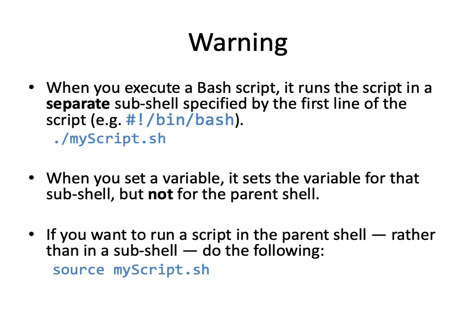I can do that using source. So if I do source myscript.sh, it will run all of those commands in the current bash process. And if I do that, then all of those variables that get set will still be around. This is exactly as if I had typed them all in one by one by hand. And that can be useful for some things.